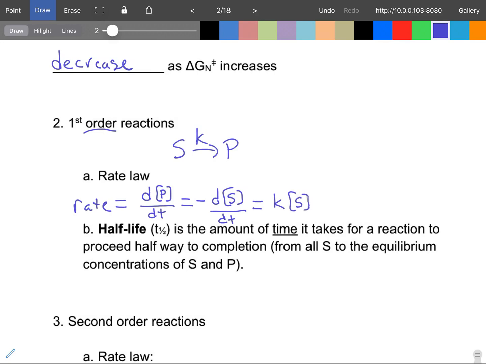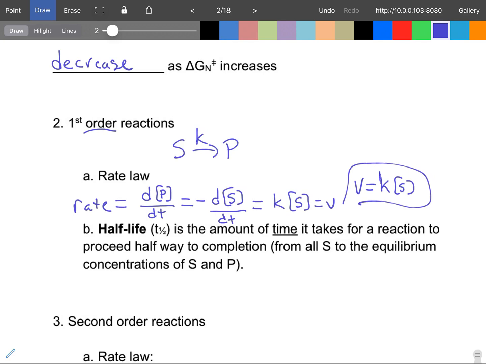And so we call that reaction velocity, and we'll give it a lowercase v. So to simplify all of this, we could say that v for this equals K times S. So this really is the rate law for a first order reaction that has some rate constant, again lowercase k, times that substrate concentration.